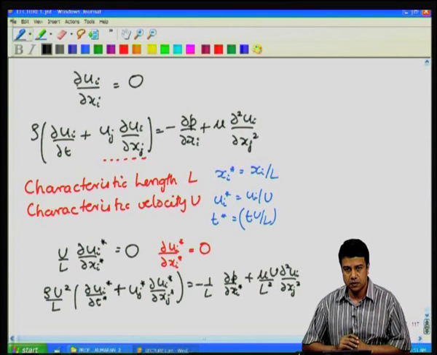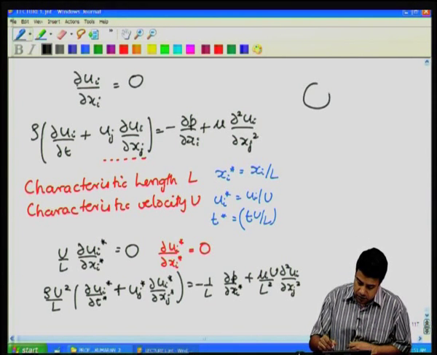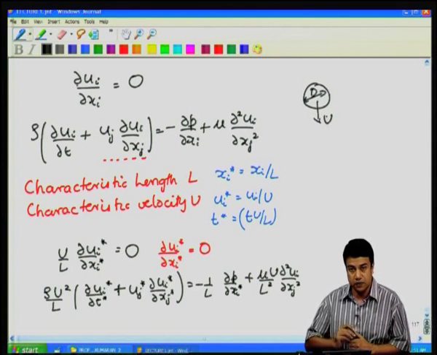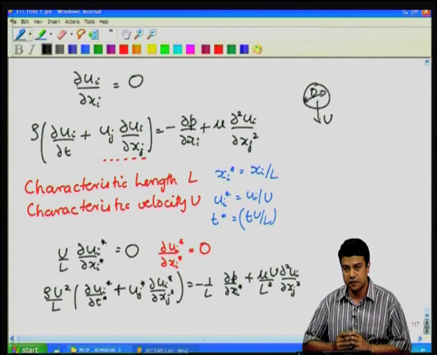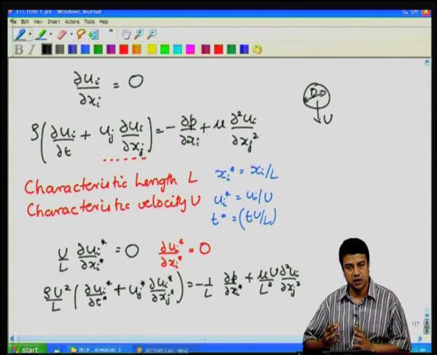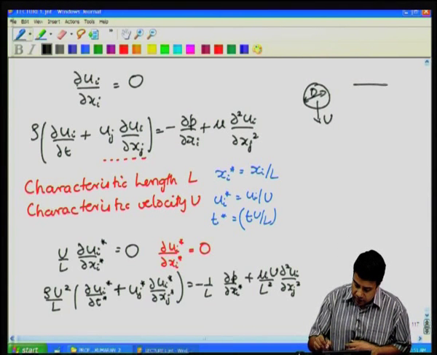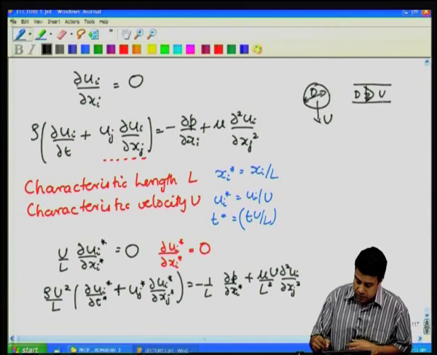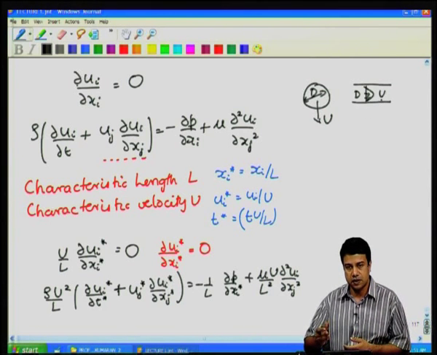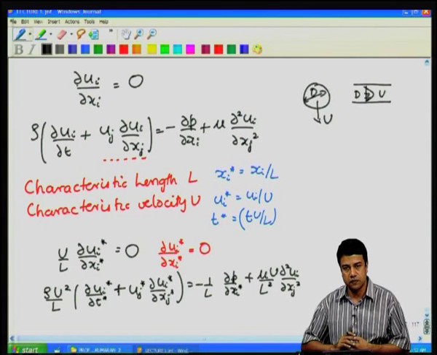Now, these velocity and length scales are characteristic to the particular problem. For example, if I had a sphere of diameter d dropping with a velocity u in a fluid, the characteristic length is d, characteristic velocity is u. On the other hand, if I had a pipe flow, a pipe of diameter d with maximum velocity u, then the characteristic length L is d, and velocity is u.